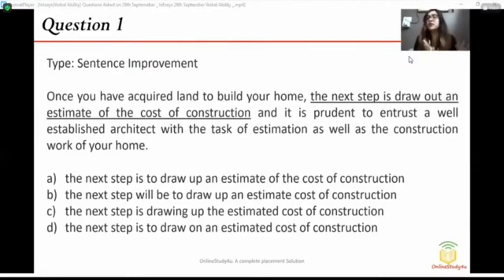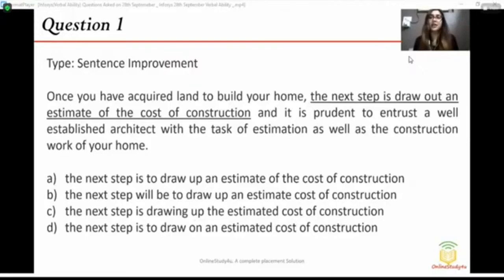So will be to draw up is not one of our answer options. Is drawing up, we are not looking at continuous tense. The second part of the sentence is not in continuous tense. And if you look at the last option, it says to draw on an estimated cost of construction, but we do not draw on, we always draw up an estimate of the cost of construction.